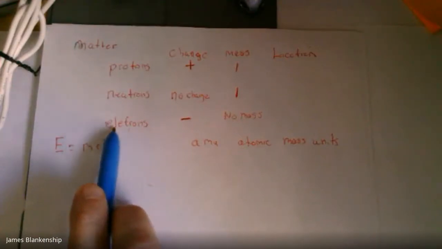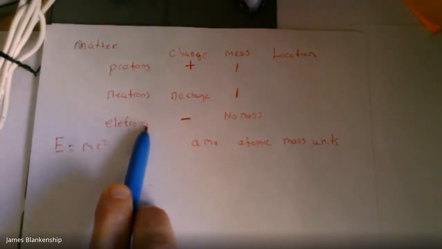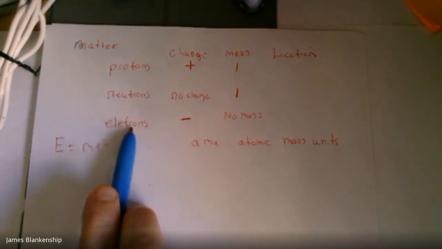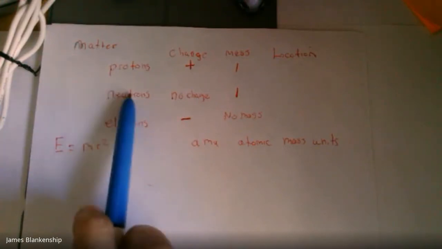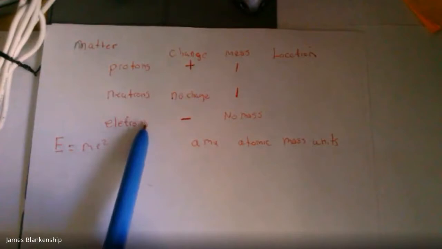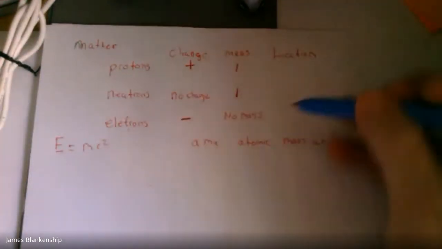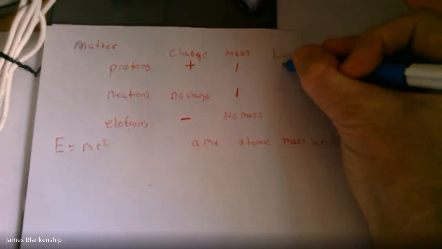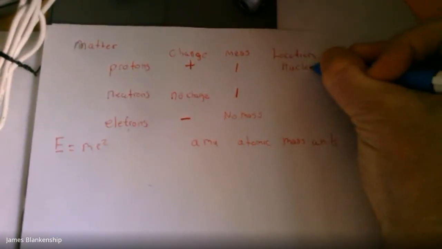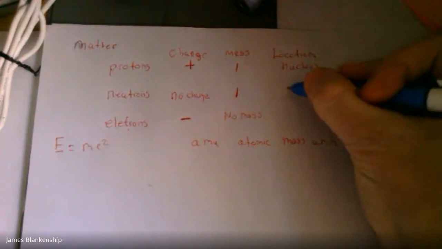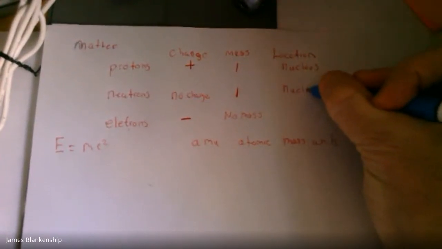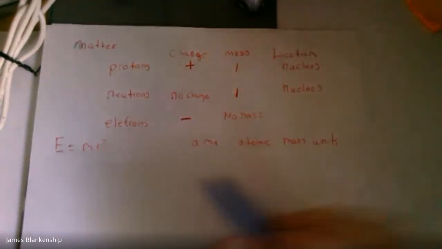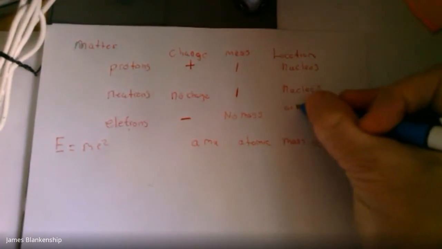And to give you an idea of how little electrons weigh, it would take 10,000 electrons to equal the weight of 1 proton or neutron. Now, the last thing that's important about these subatomic particles is that protons are found in the nucleus. Neutrons are also found in the nucleus, but electrons orbit the nucleus.